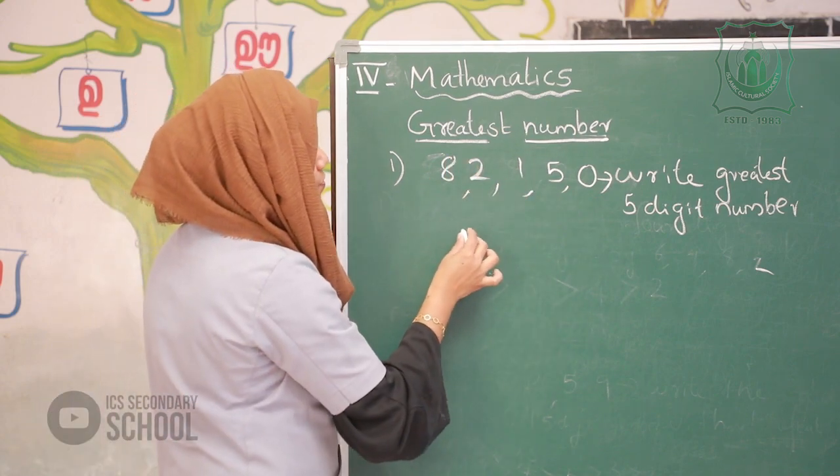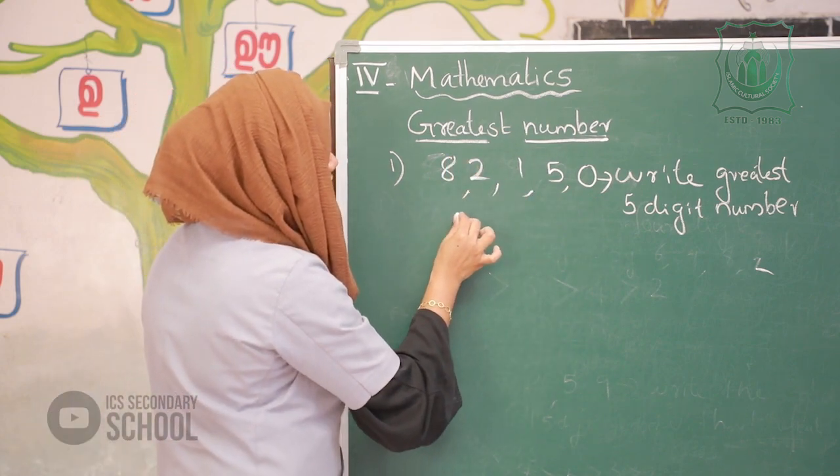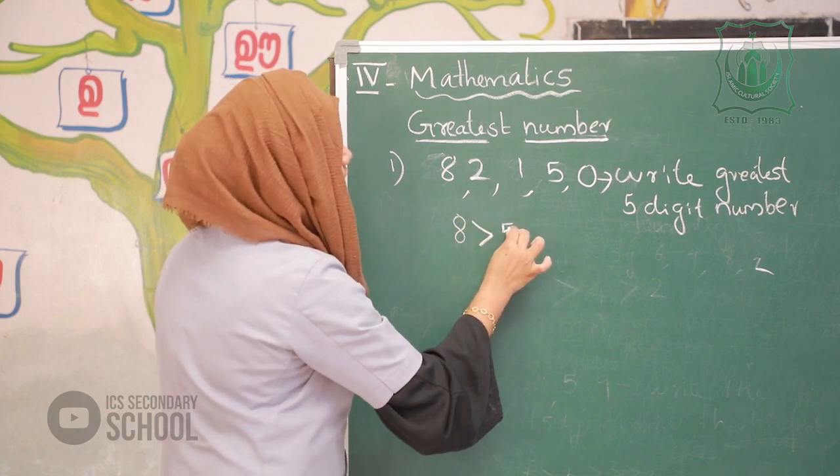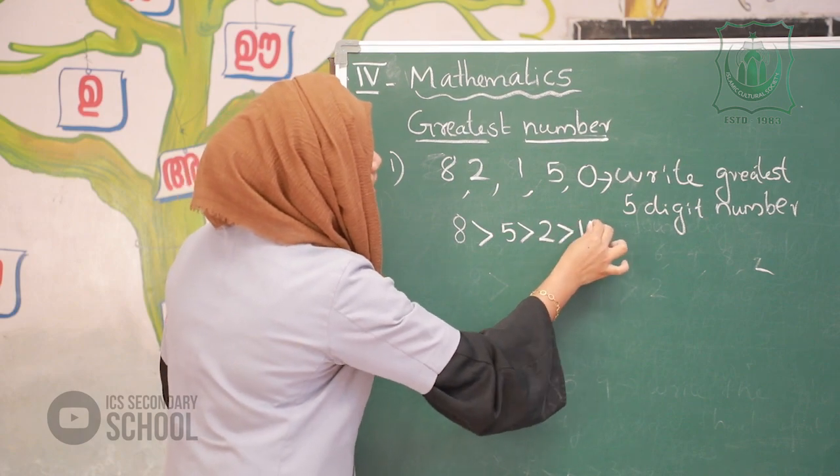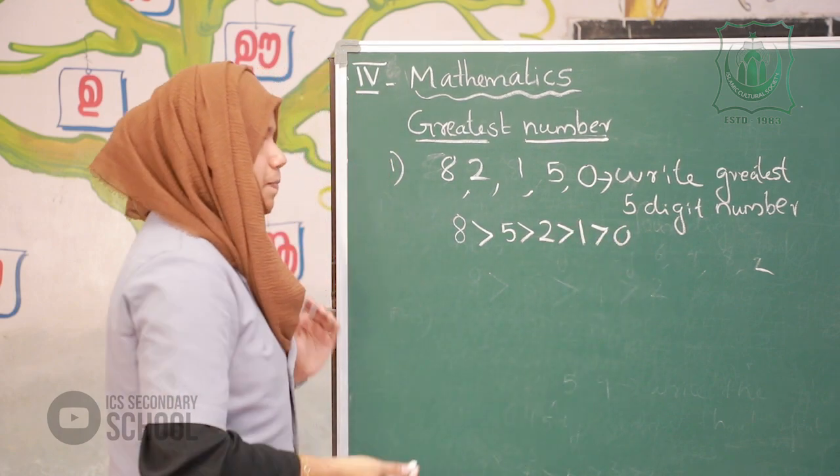So which number comes first? 8, then 5, then 2, 1, 0.